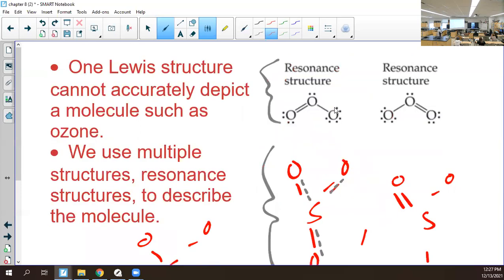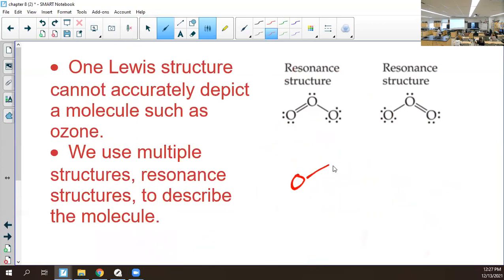So one Lewis structure cannot accurately depict the molecule of ozone. We use multiple resonant structures to describe the model, or we use a chevron. There's your keyword. So they share the double bond? Sort of.